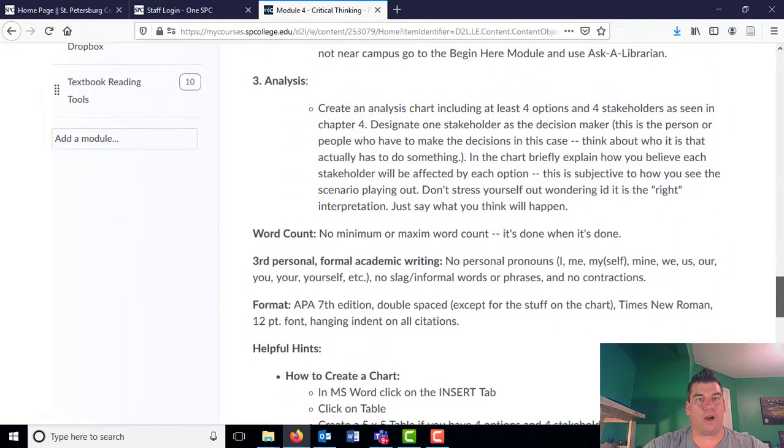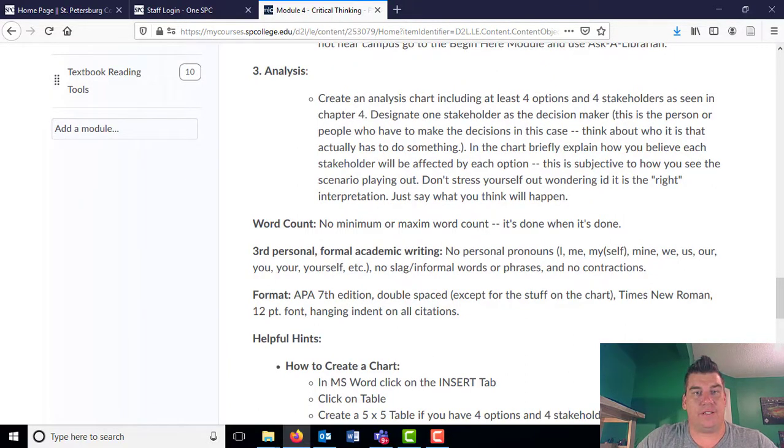And the third and final part of this week's assignment is the analysis. What you're going to do is create an analysis chart that includes at least 4 options and 4 stakeholders as seen in chapter 4 of your textbook, okay? If you don't have 4 stakeholders and 4 options, you're not going to receive any points for that section.